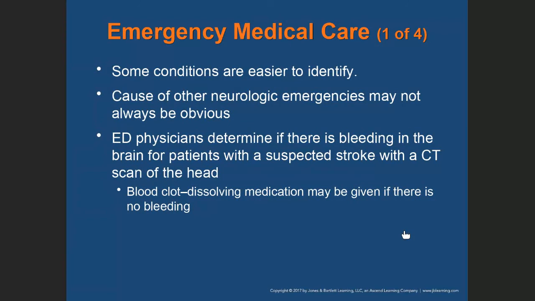Blood clot dissolving medication may be given if there is no bleeding. So if they realize that it's not a hemorrhagic stroke, then the patient may be a candidate for blood clot dissolving medications.